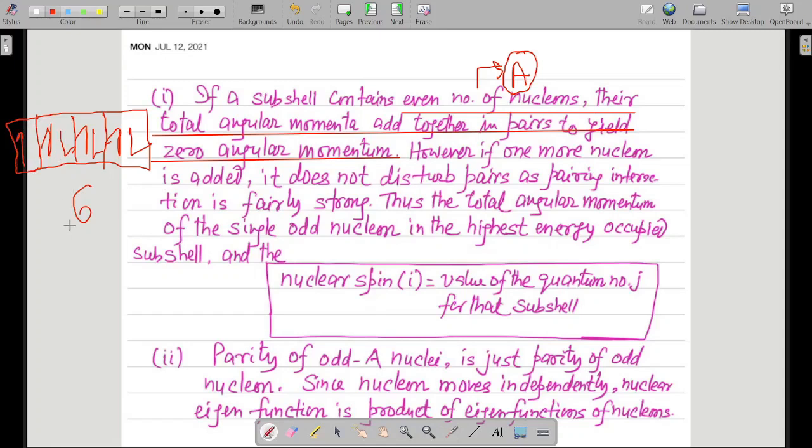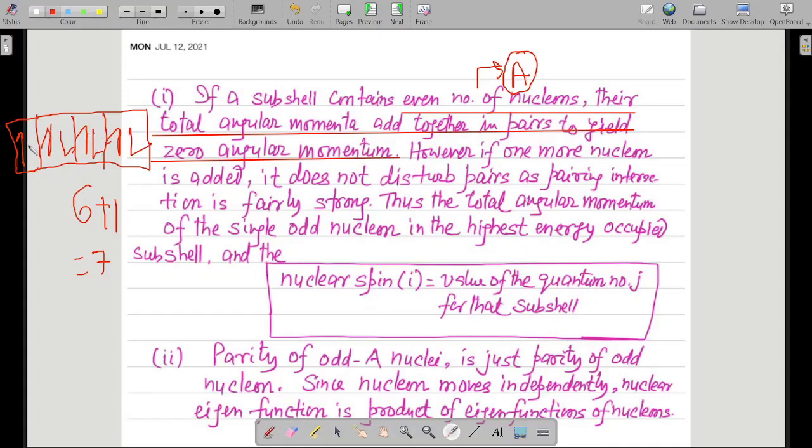Then the total number of nucleons will be 6 plus 1, that will be equal to 7. So what will happen in this particular case? If one more nucleon is added, it does not disturb pairs, as pairing interaction is fairly strong. So clearly if this extra nucleon is added over here, then it will not disturb the pairing of all these nucleons, okay. But if we keep on adding more nucleons, then it might disturb.